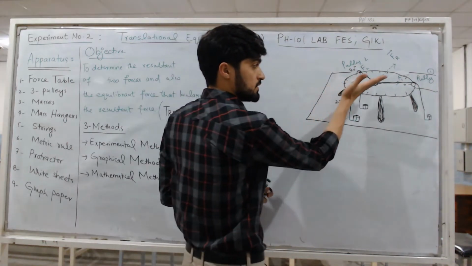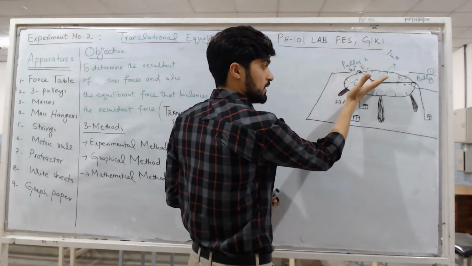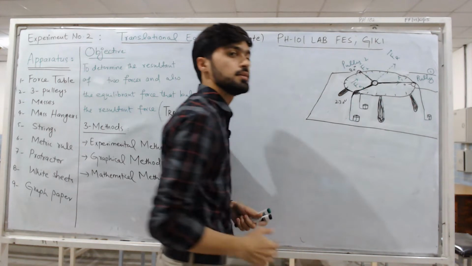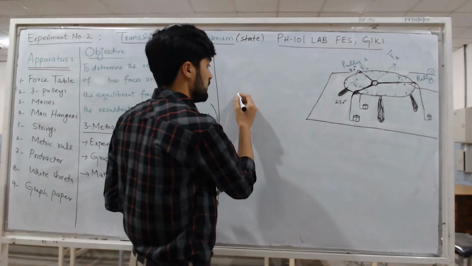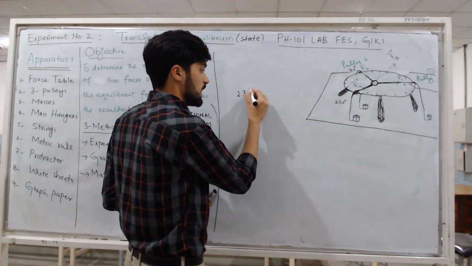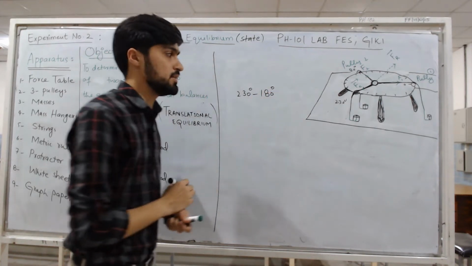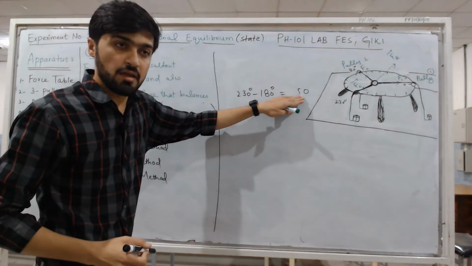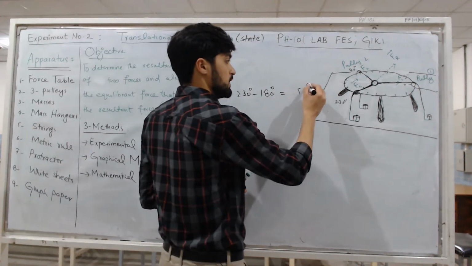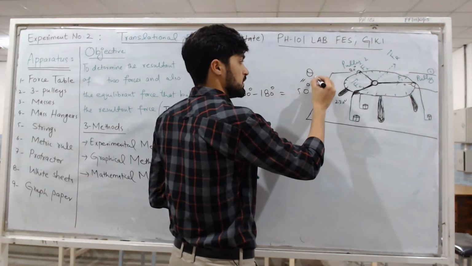If this is the equilibrium force, its opposite force will be the resultant force. So if I subtract 180 degrees from 230 degrees, it gives 50 degrees. This 50 degrees is theta r.